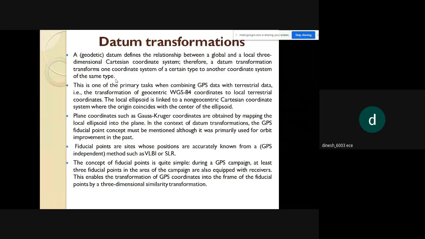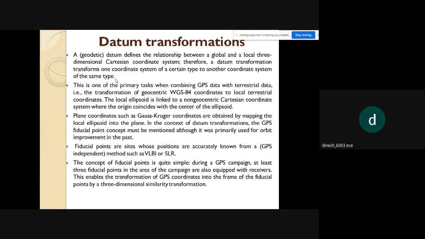Datum transformations are used to relate the global positioning with some of the coordinate systems. As we had seen in electromagnetic fields, we have three coordinate systems: rectangular, spherical, and cylindrical. So those three are being considered here. How do we correlate that?